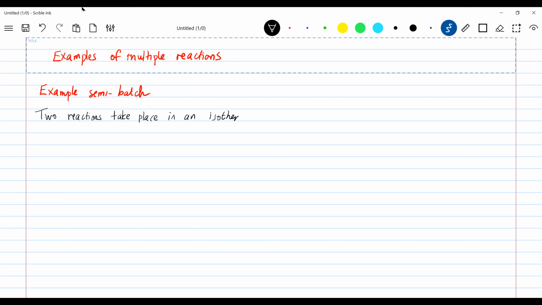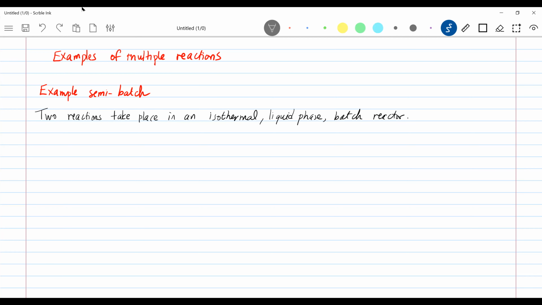And this is an isothermal, liquid phase, batch reactor. One thing you'll notice generally is that liquid phase reactions are run in batch reactors. It's not often that you see gas phase reactions in batch reactors.